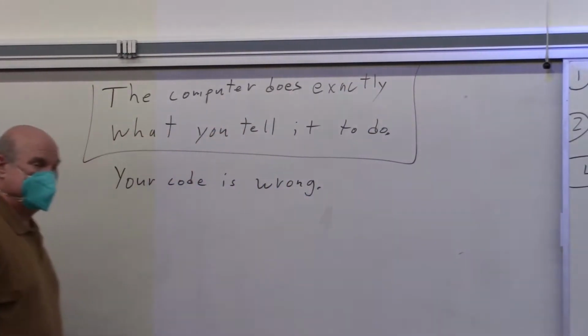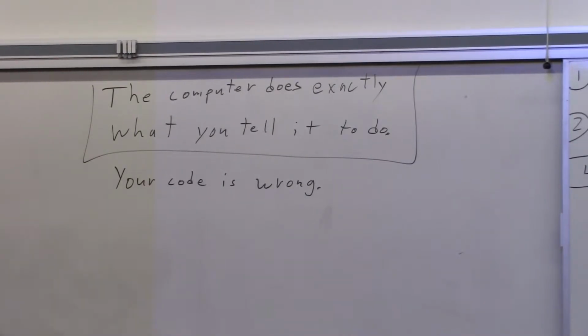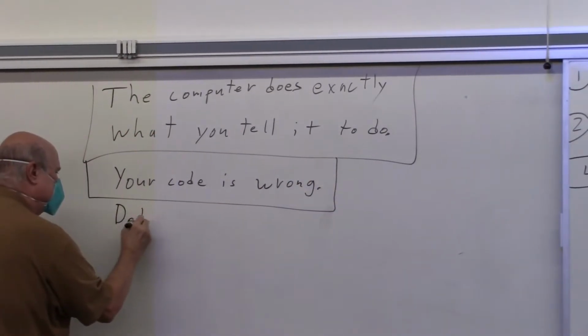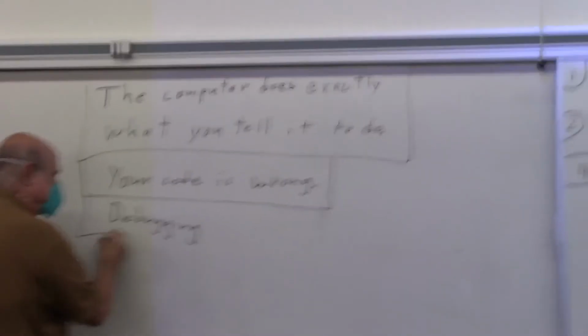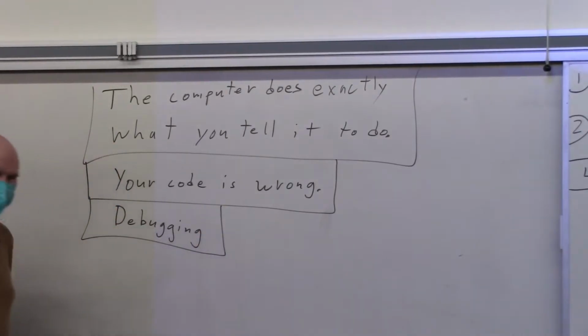If it is not doing what you expect it to do, that means your code is wrong in some way, shape, or form. This takes us into debugging, because you have to debug your code, right? You have to figure out what you did, what you told the computer to do, that was not what you actually meant to tell it.